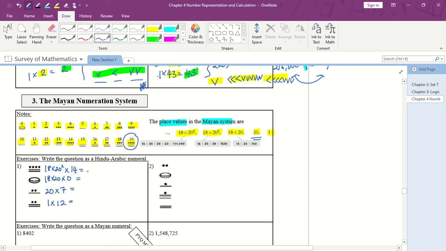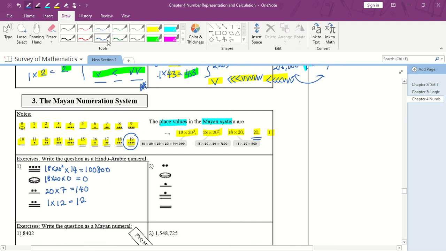Press on your calculator and you will get 100,800. Then 18 times 20 times 0 will become 0. 20 times 7 becomes 140. 1 times 12 will give you 12.